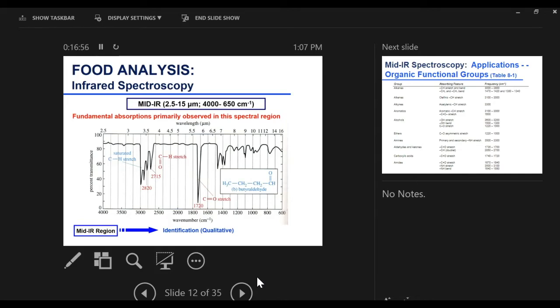And you see here it's downward. This means the y-axis is percent transmittance. The higher the concentration of a certain functional group, the less transmittance of that wave number you're going to see, because the energy is absorbed at that wavelength or wave number. So you will see a lower dip, and the percent transmittance will be lower.